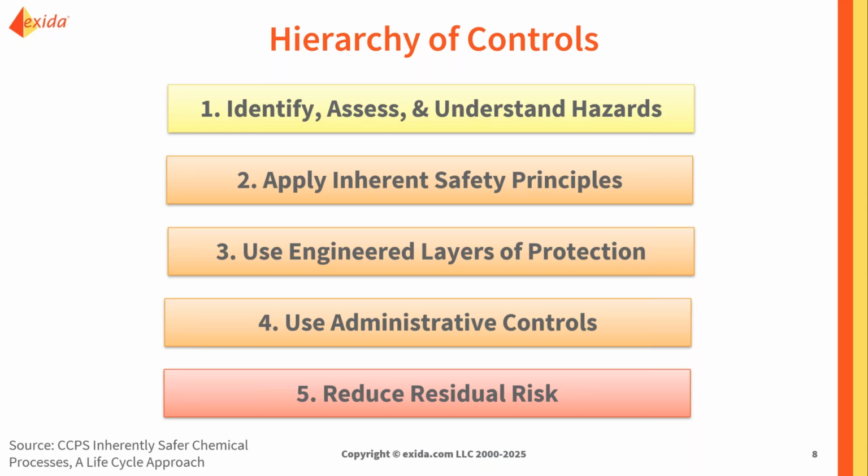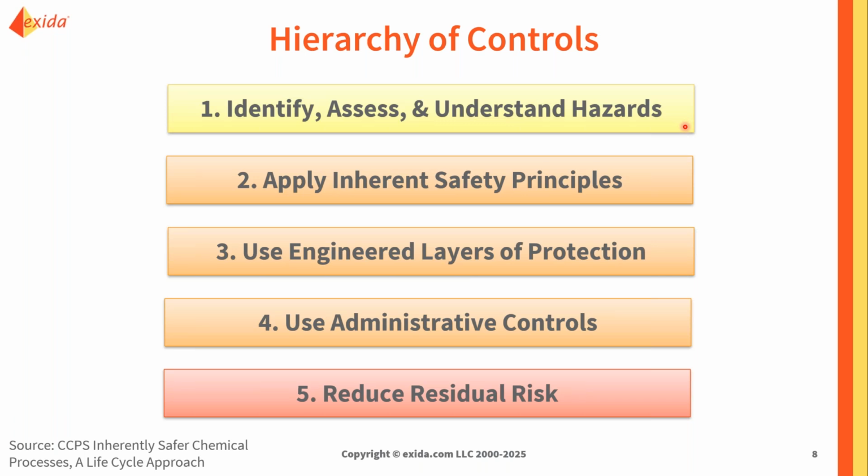And so oftentimes the way that these ideas for inherent safety are applied is through the use of the hierarchy of controls. And this is really part of how we can build inherent safety into our lifecycle techniques and our strategies. The first step is we have to identify, assess, and understand our hazards.